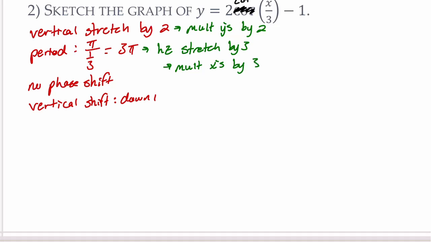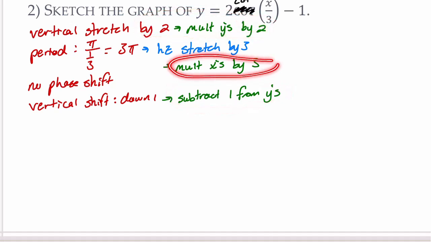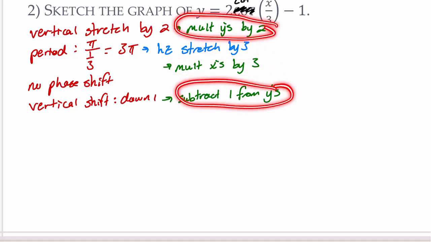No phase shift, and then the vertical shift down 1 means we're going to subtract 1 from the y's. So this time we have two transformations on the y, the vertical stretch and then the vertical shift, and only one transformation on the x's. And the order matters. You want to do your multiplication before you do any addition or subtraction.